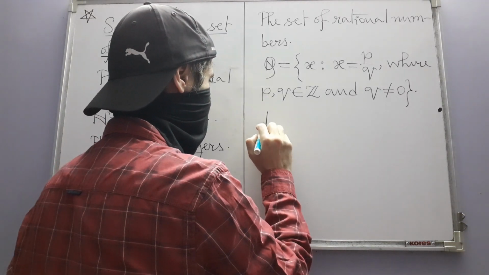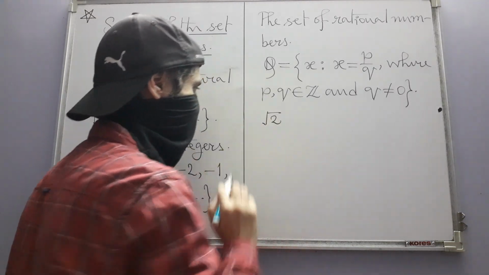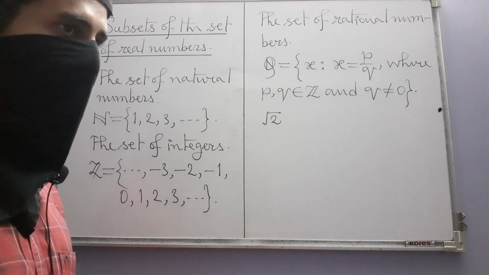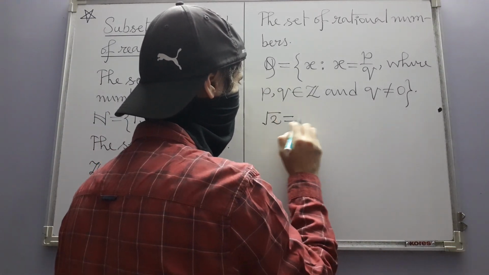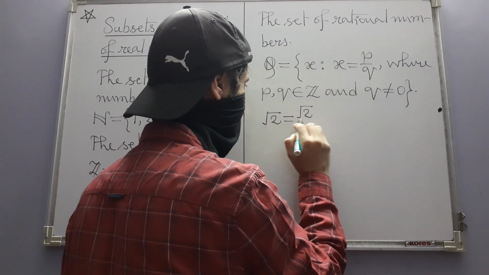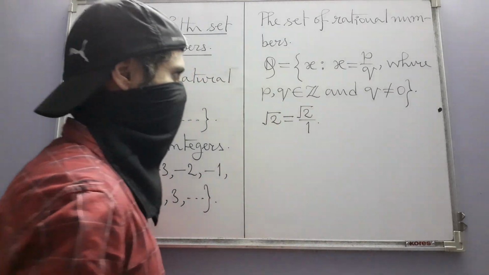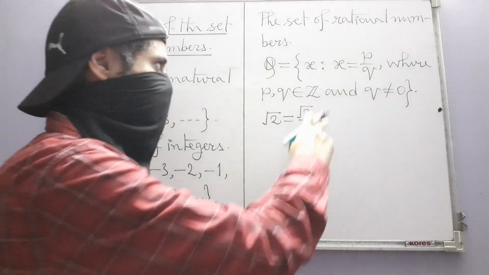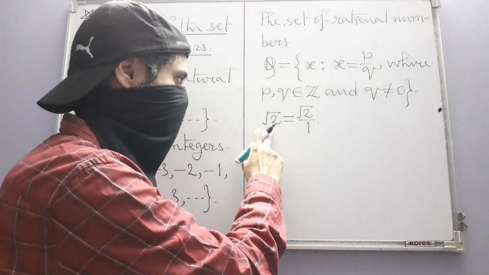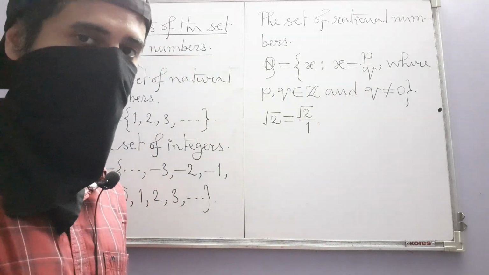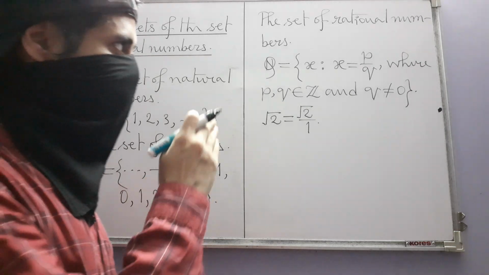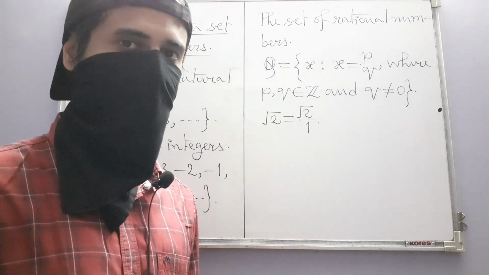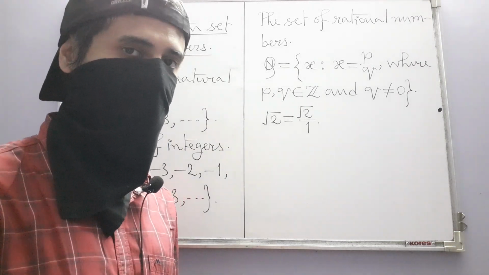For example, you know that the square root of 2 is not rational. However, if you ignore this part, you can write square root of 2 as square root of 2 over 1. So using your modified definition, this should be rational, but that is clearly not true. So do not forget this part, that p and q, numerator and denominator, should be integers.